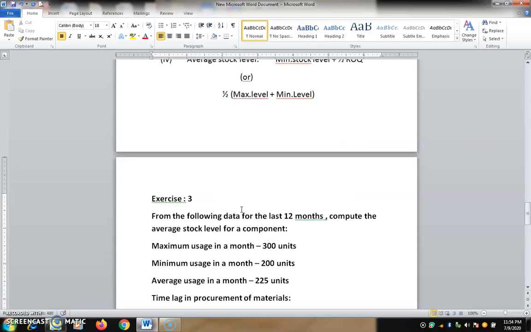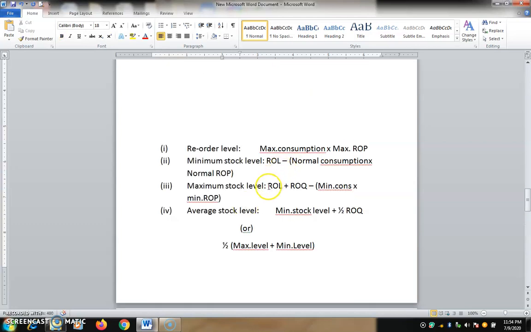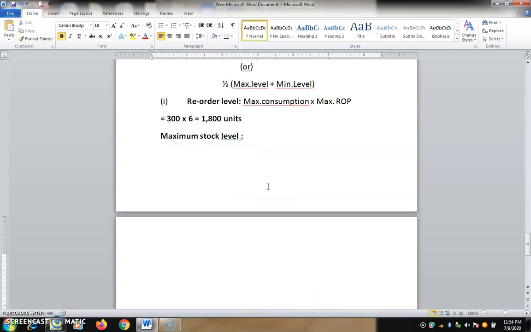The formula to calculate maximum stock level is reorder level plus reorder quantity minus minimum consumption into minimum reorder period.